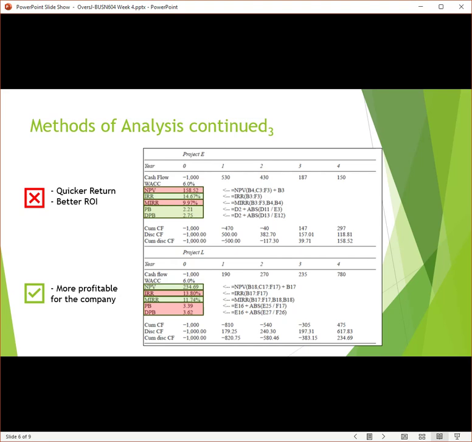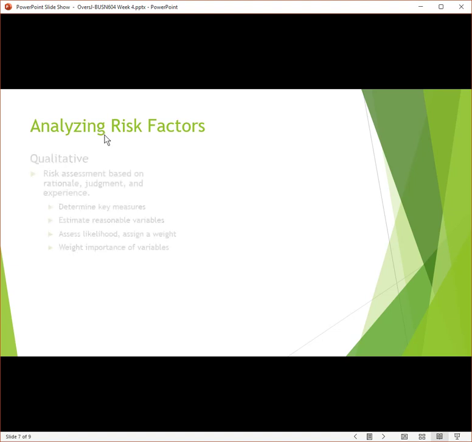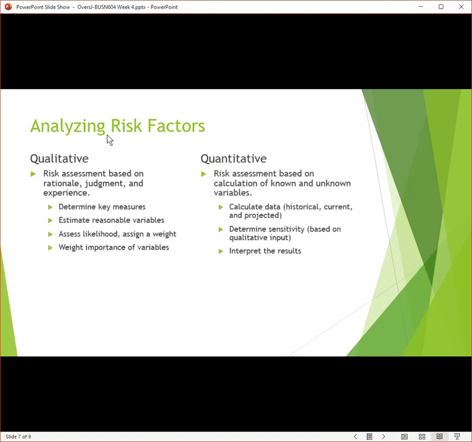And the sensitivity analysis is going to add variables to each one of these calculations to see, based on different changes in the marketplace or in the environment, how likely a project is to be successful, in reality, based on these projections. And so we're going to have to analyze some qualitative and quantitative risk factors.